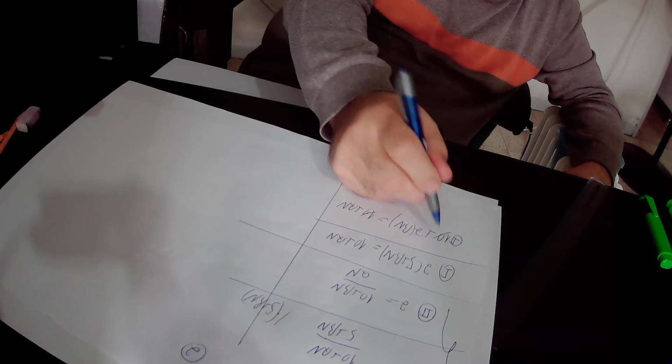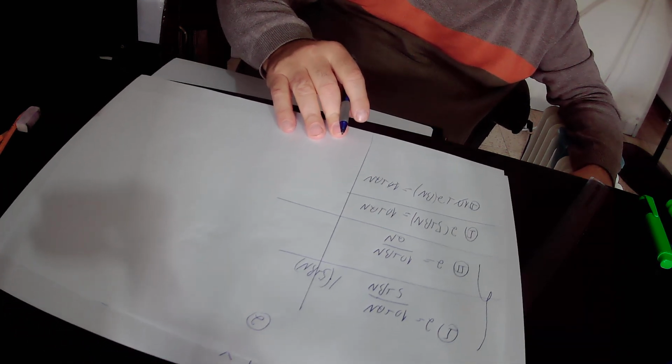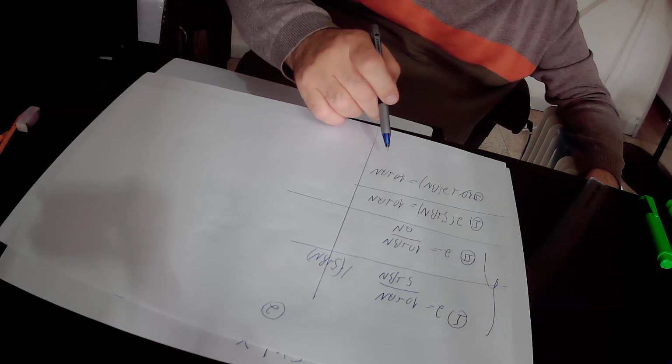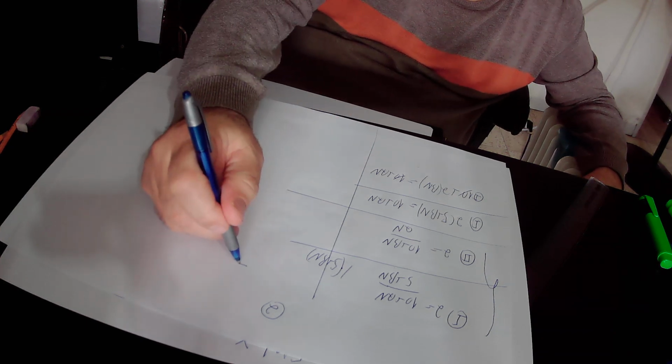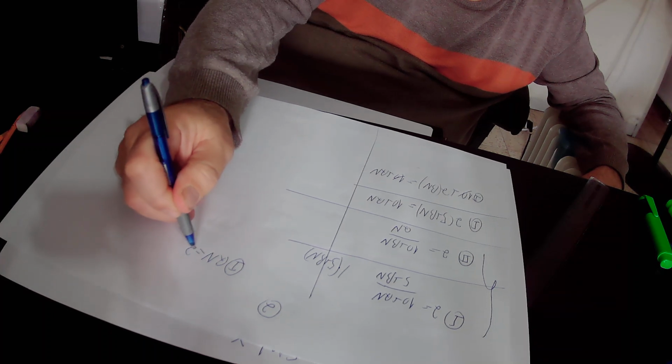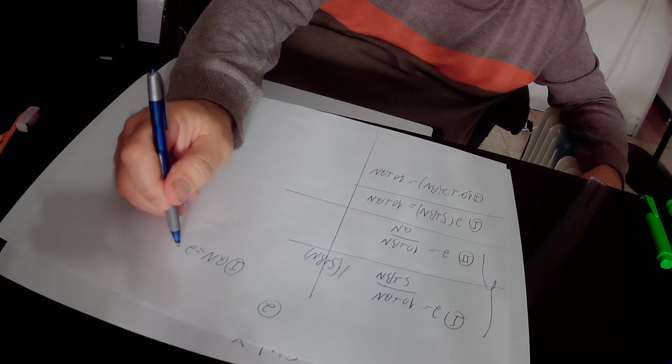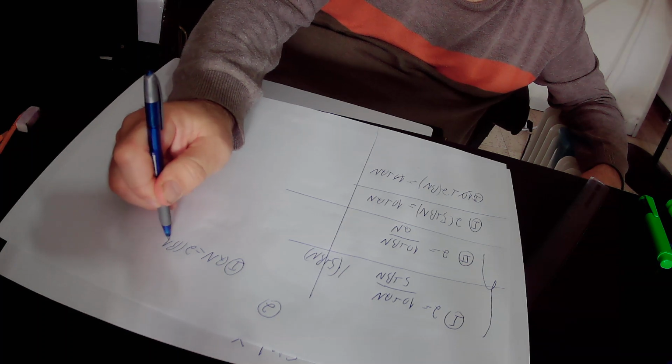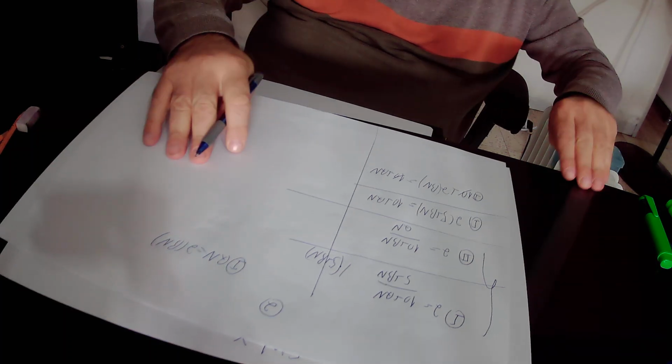After we cancel 10, we have here QN that is equal to 2 times BN. QN equals 2 times BN. This is according to equation number 1.